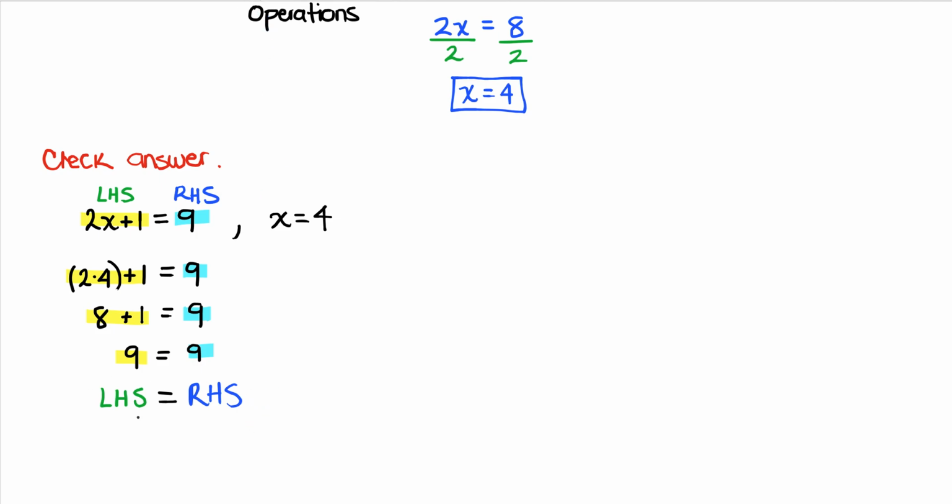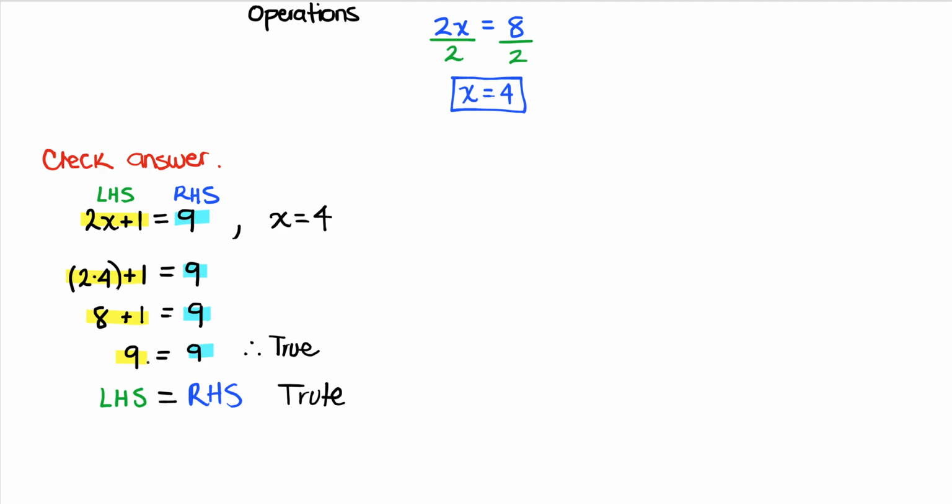When this side is equal to this side, we say, okay, it's true. Therefore, my answer is correct. So when I got to this point, I can say the answer is true, it's correct. It's correct that when x is equal to 4, this equation is true. The left-hand side is equal to the right-hand side, okay?